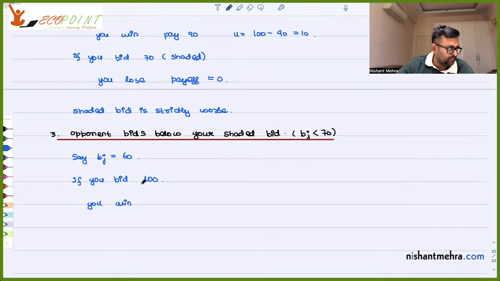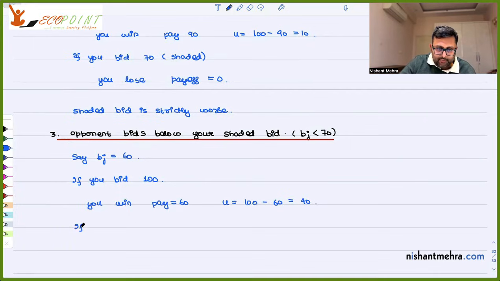How much do you pay? Your bid was 100, the second highest bid was 60, so you pay 60. Your payoff is your valuation minus what you have to pay, that is 40, right?